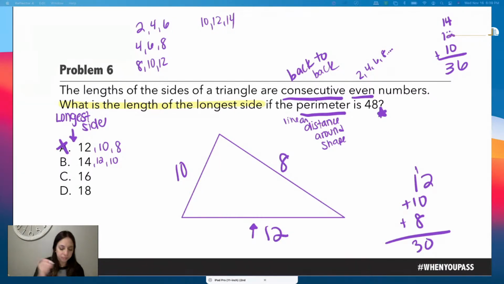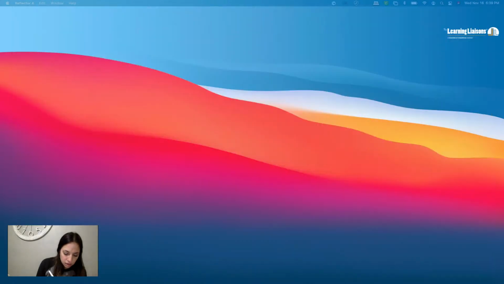Nope. 16, 14, 12. Silly iPad disconnecting on me. I'm going to add 16 plus 14 plus 12. I'm going to do that on my calculator so we don't waste any time. 42.